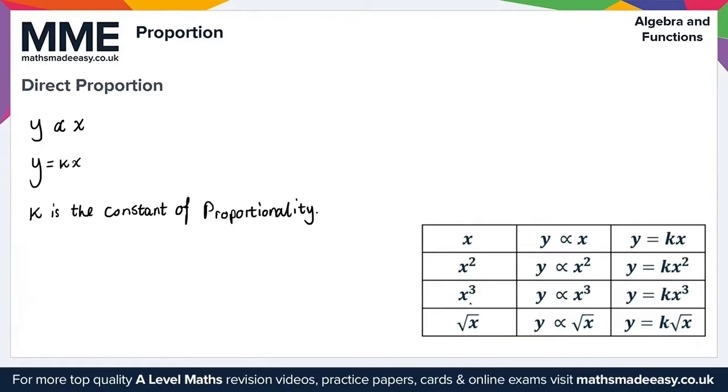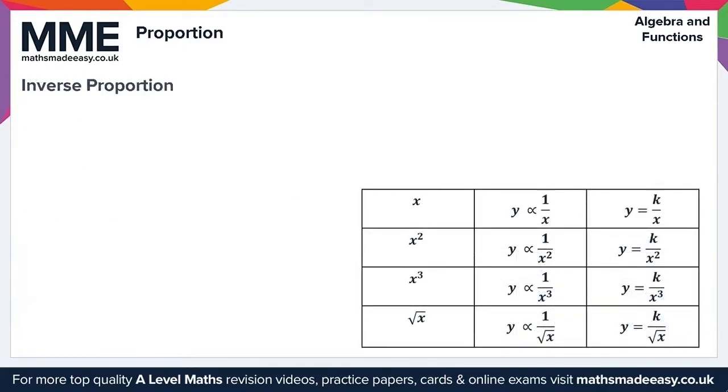And again, y being directly proportional to x cubed, we can represent it in a very similar fashion here, and again here using k. And finally, y could also be directly proportional to the square root of x. And again, we just use the same notation there. Okay, so that gives us everything we need to be aware of for direct proportion.